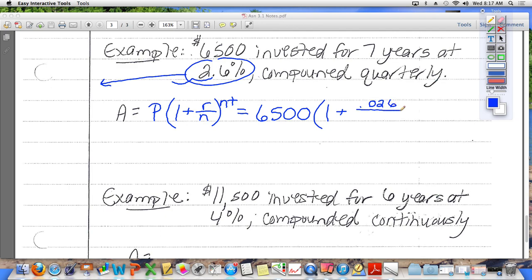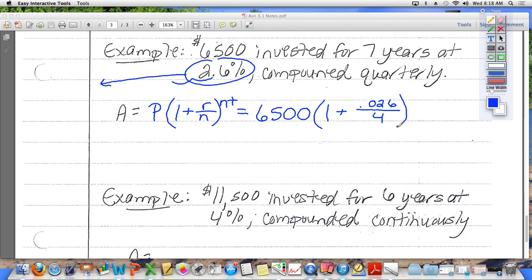So we have 6,500 times 1 plus 0.026 divided by n. What is n? The number of compounds per year. How many times is it being compounded in a year? 4. All right, so we have a 4 on the bottom. And then you raise that to the power of n times t. n is, again, the number of times that it's being compounded.